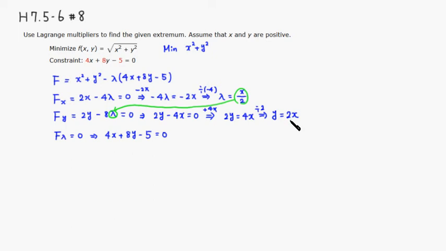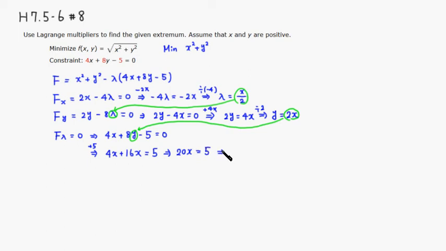So we're going to plug this 2x into the third equation. So you have 4x, 8 times 2x would be 16x, and I'm going to add 5 to both sides so that the 5 is on the other side. Then we can just combine these together, so that's going to be 20x is equal to 5.